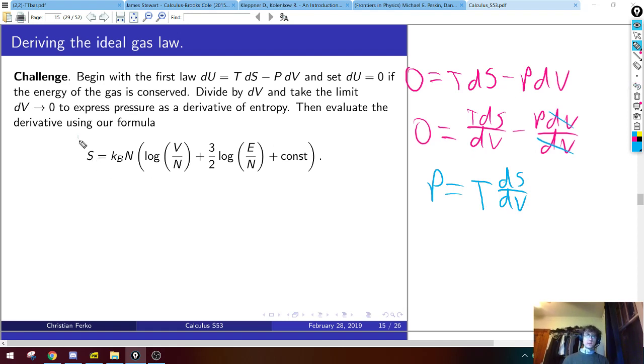But lucky us, we have an equation for the entropy right here. So next thing, take a derivative of this to tell me what is the derivative of entropy with respect to volume.